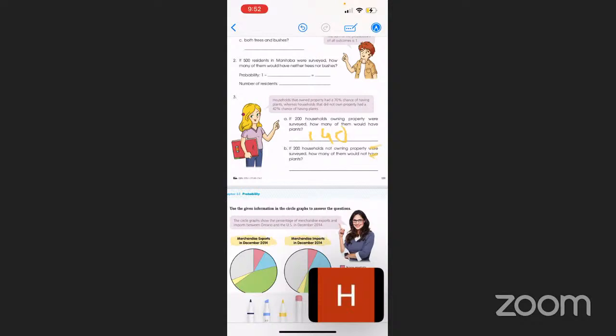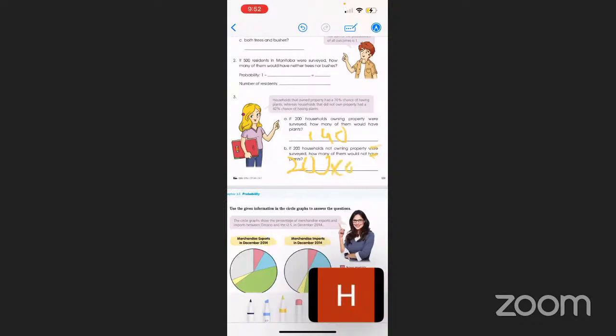B. How am I supposed to do B? If households not owning property were surveyed, how many of them would not have plants? Okay, so it's the 42%, right? Yes. And we need to convert that to decimal. That would be 0.42.